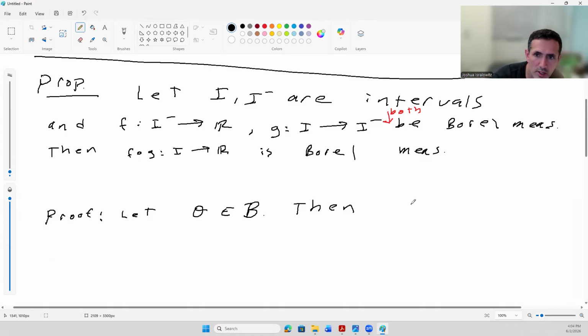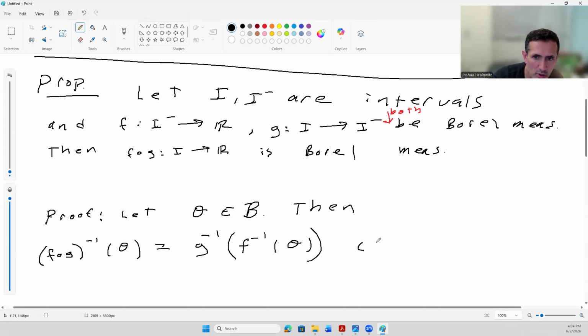Then, well, not much proof. Take the inverse image. So this is the inverse image. Well, this is Borel, assuming that.